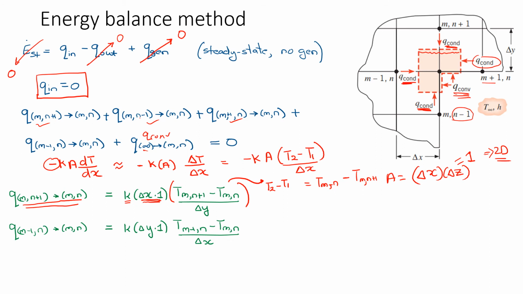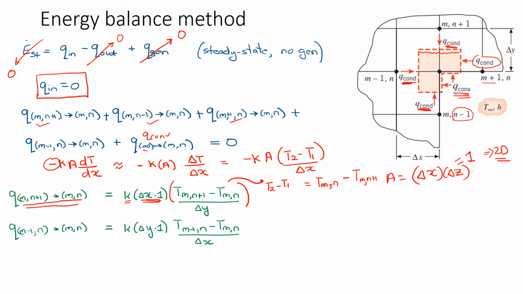So now you have the temperature coming from m comma n plus 1. So you have your Fourier's law as T of m comma n plus 1 minus T of m comma n divided by delta y.